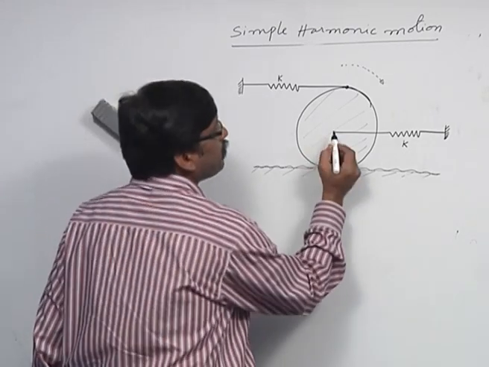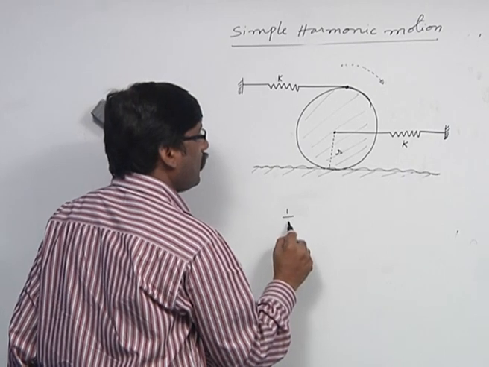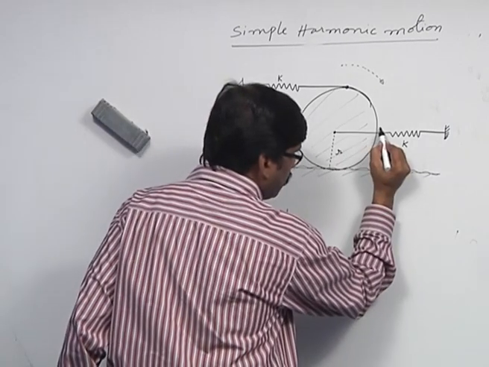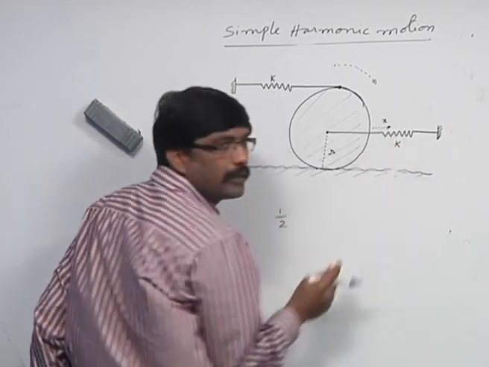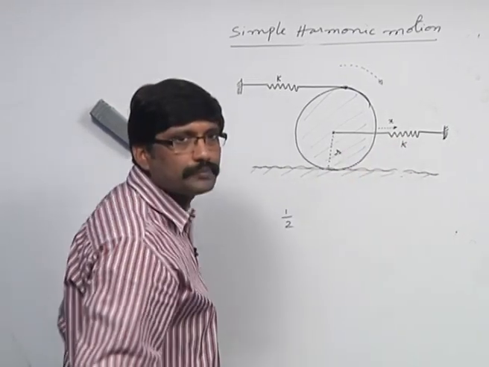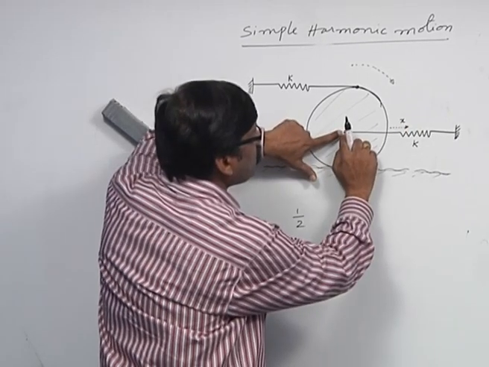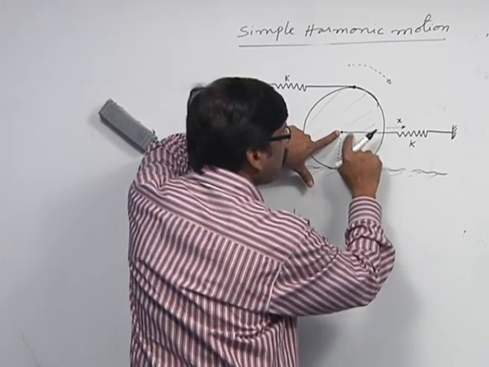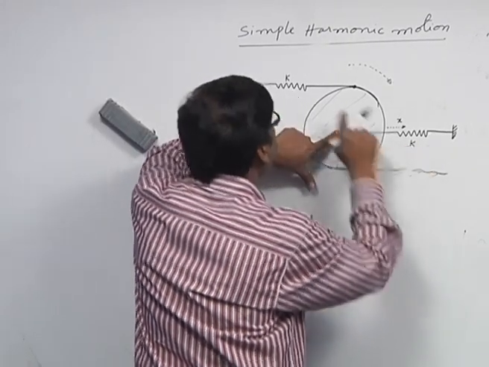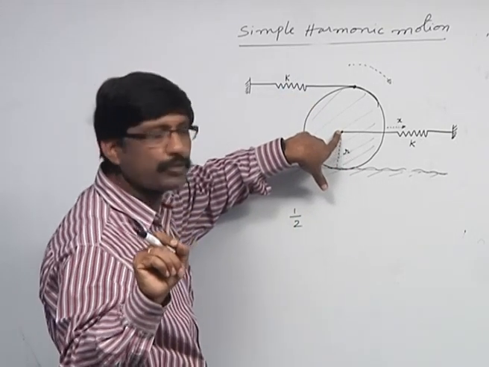So here, let x be the compression of this spring. The same x is the displacement of the center of mass. And if x is the compression of the spring, what is the extension of the other spring? That is a key point here, you have to observe that.